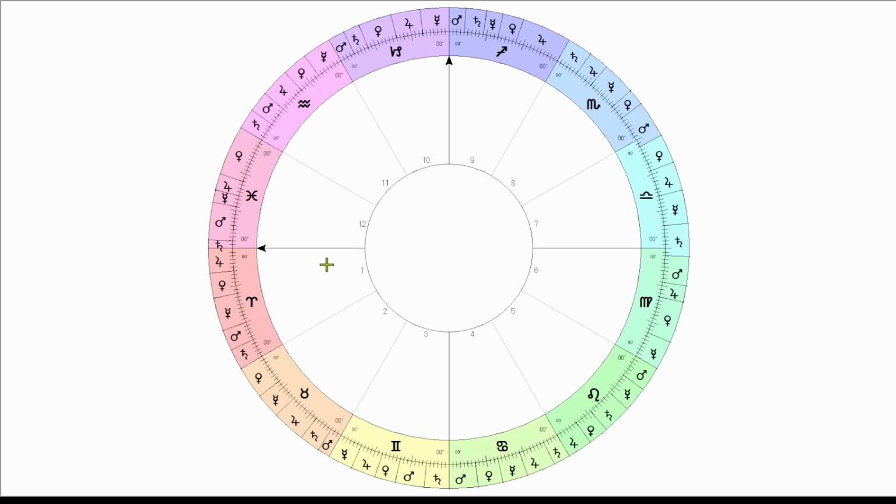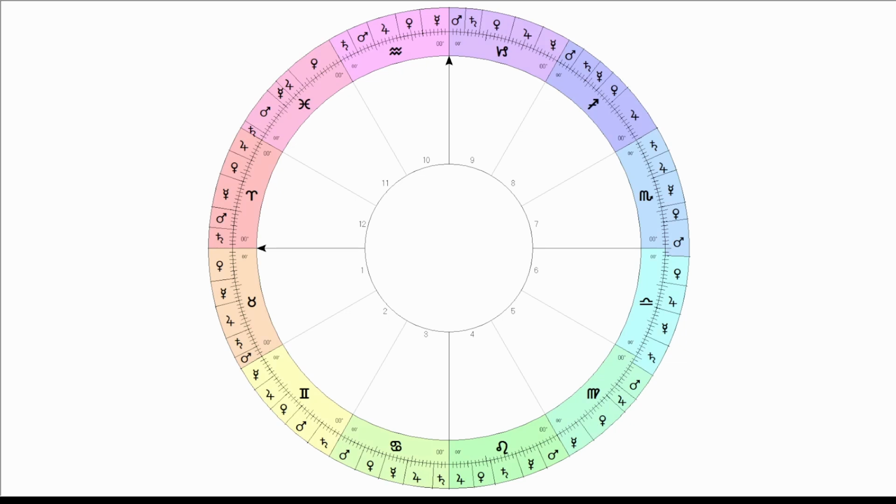So if we now put this forward a little bit and we put Taurus into the first house. So Taurus is a fixed sign. So again, fixed sign, Aquarius is fixed, Scorpio is fixed, Leo is fixed. What do we know about the fixed signs?